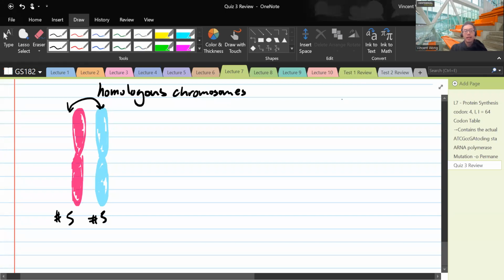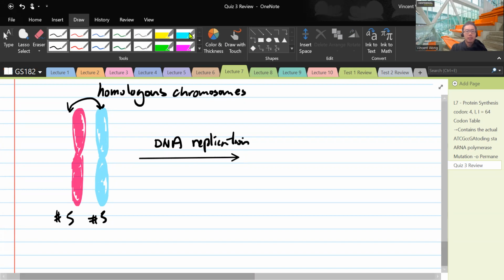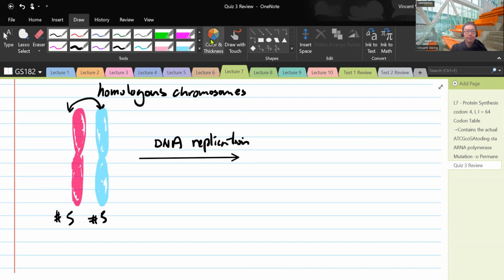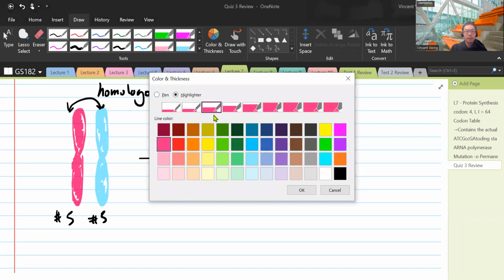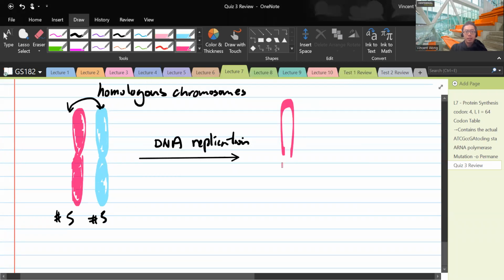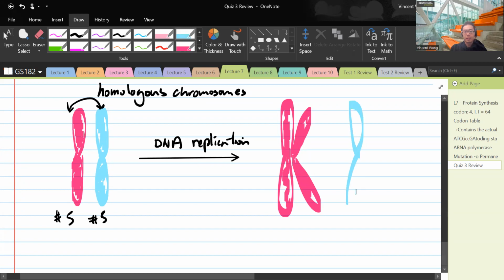Okay. And what happens is during DNA replication, you will end up having the identical copy, and they're going to be stuck together like that.